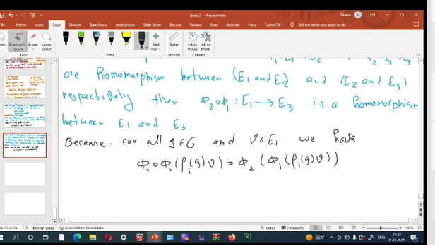But this is equal to phi 2 of rho 2 of g of phi 1 of v, because phi 1 is a homomorphism.